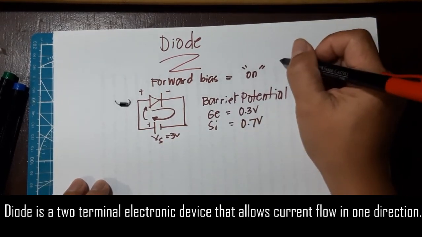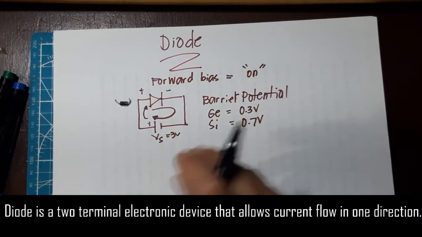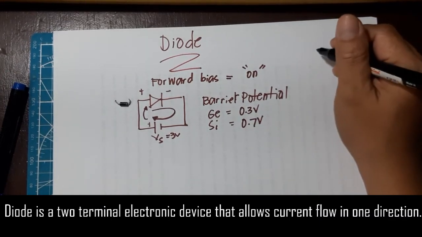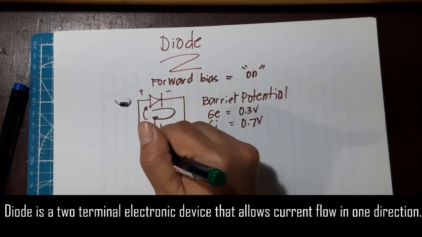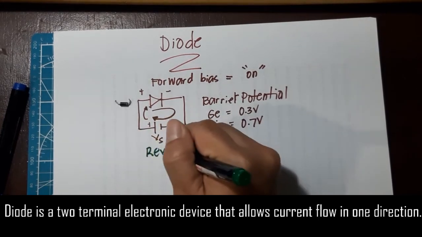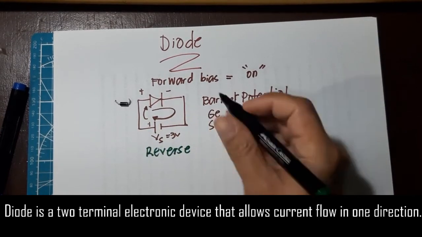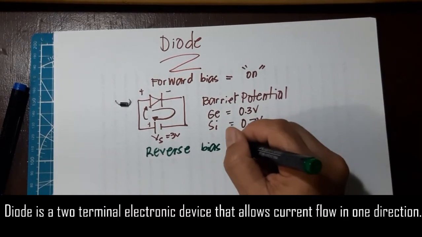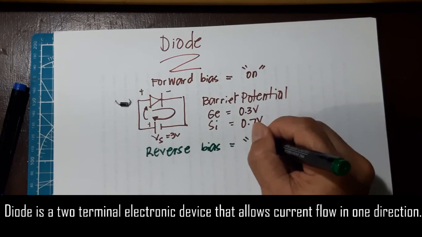So that can be, let me say here, reverse bias, which is equal to the off state of our diode.